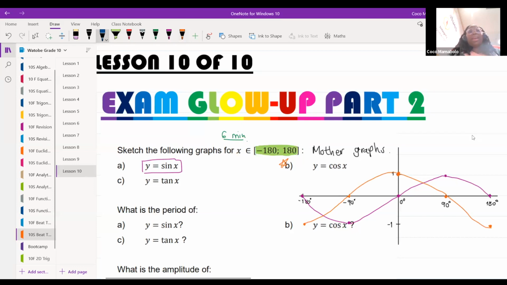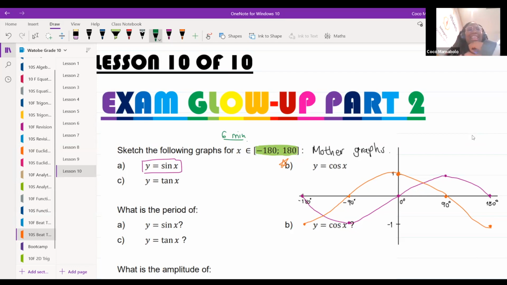Okay, and then my tan graph. Who remembers there's one particular thing about a tan graph that doesn't exist on a sine graph or a cos graph? Anybody remember? Those things, you also get them on a hyperbola. Anybody remember?